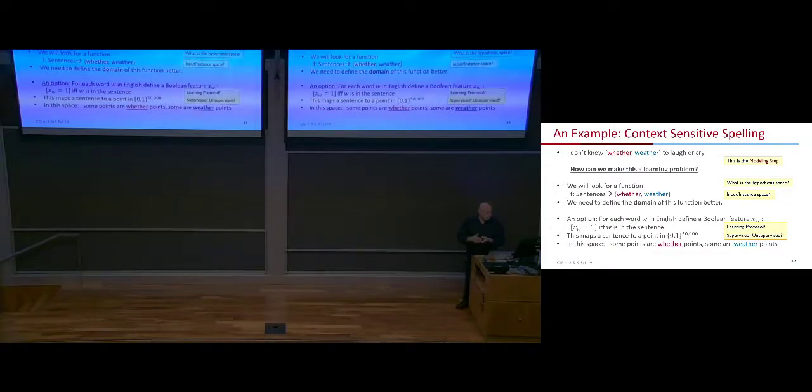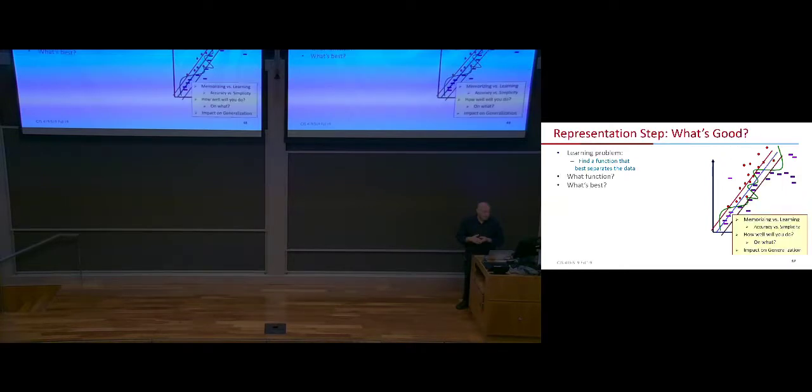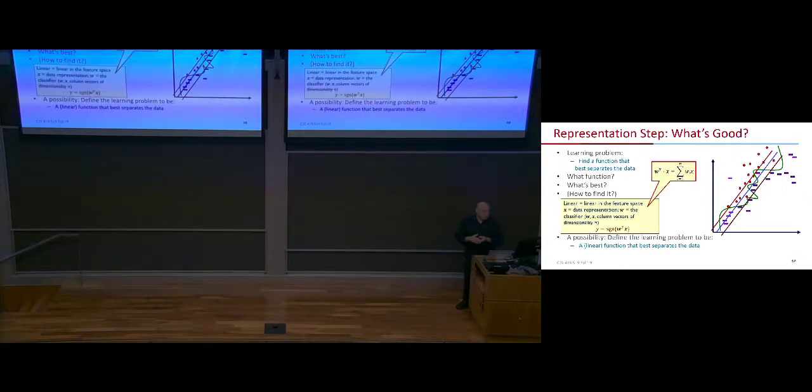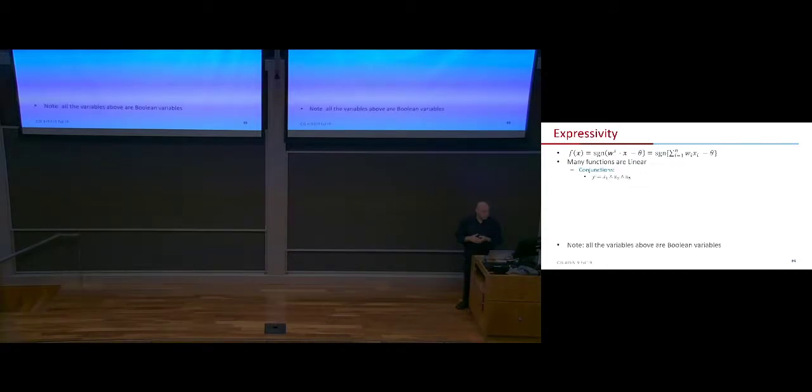If I want the red weather, I must have two following the target word, and I must have a verb after it. That's a conjunction. I have to have two conditions. Here I have a conjunction of three things. So that's a natural function in many cases, and I argue that this is a linear function.